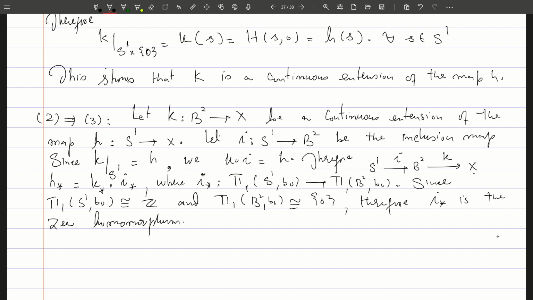Hence, this shows that K star, and hence H star, is a zero homomorphism. So if this I star is the zero homomorphism, therefore K star is the zero homomorphism, and hence H star is the zero homomorphism.